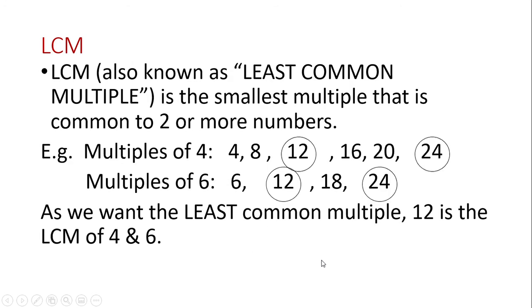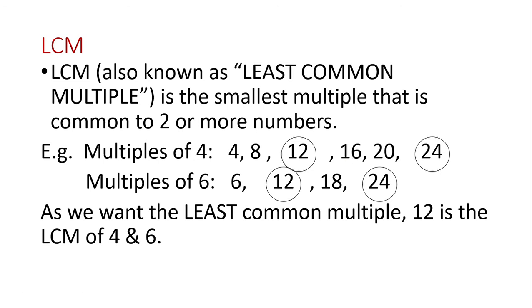Next is LCM, also known as the least common multiple. It is the smallest common multiple that is common to 2 or more numbers. So first the steps to get LCM are to just list out some multiples of both of the numbers.